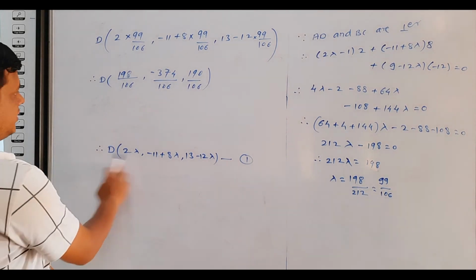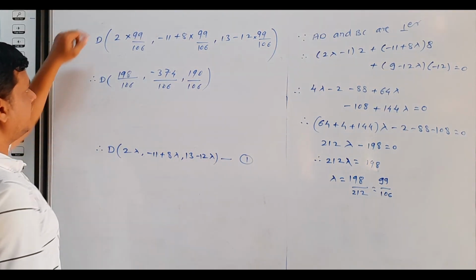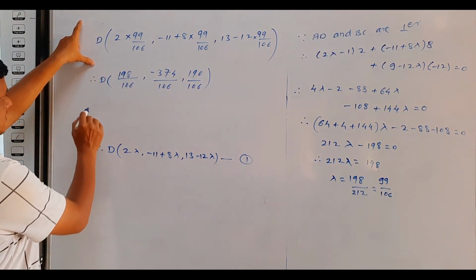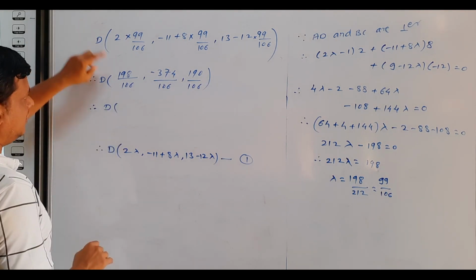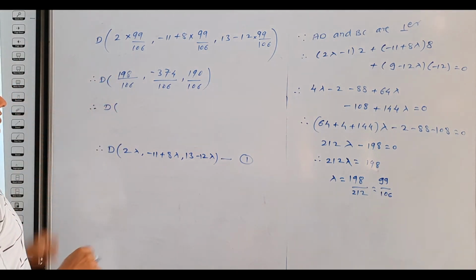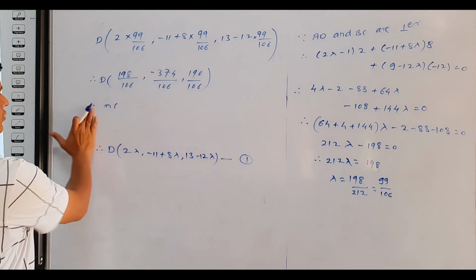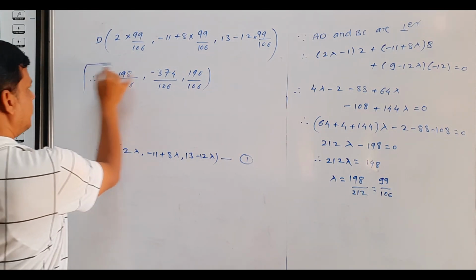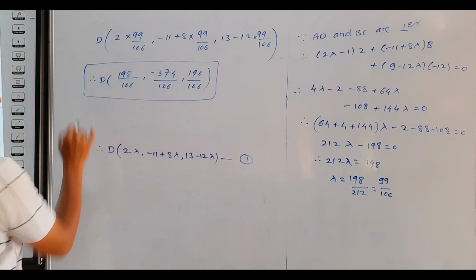So after substituting the value of lambda, we get values like this. Now you can divide each term by 2 and simplify further. Up to this is sufficient.